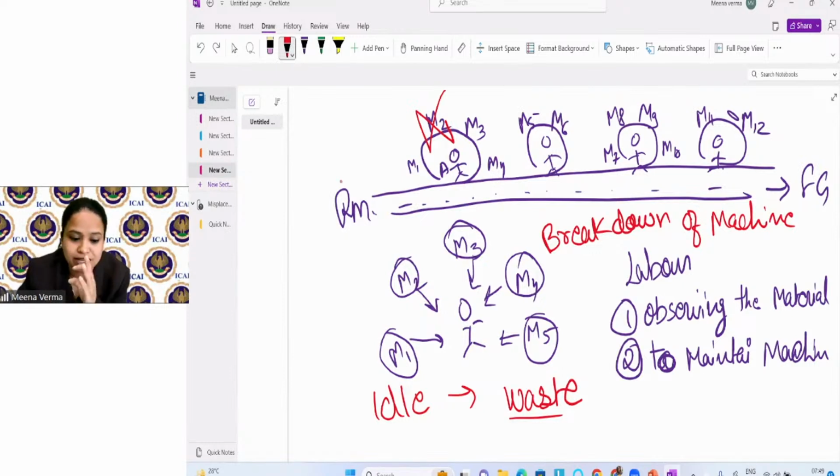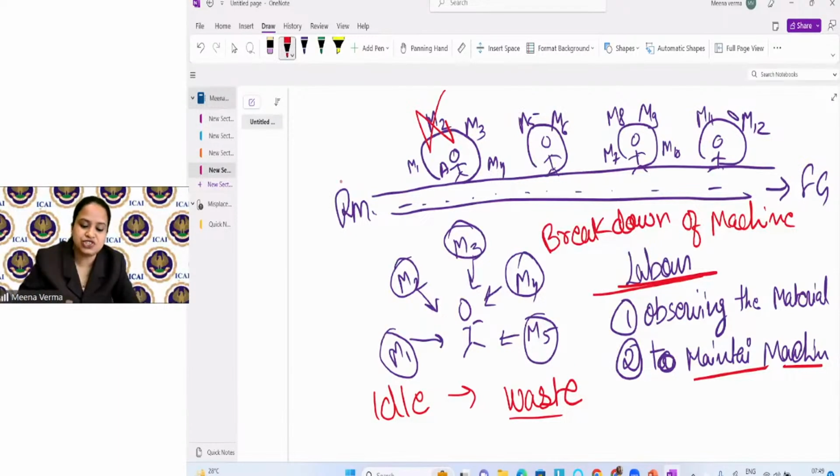I hope you can imagine why now we are talking about the machine. All right, so the point is that here it is all focused on what? Improving the machine's function. So now we are putting the responsibility on the labor to maintain these machines. You must have heard that prevention is better than cure.